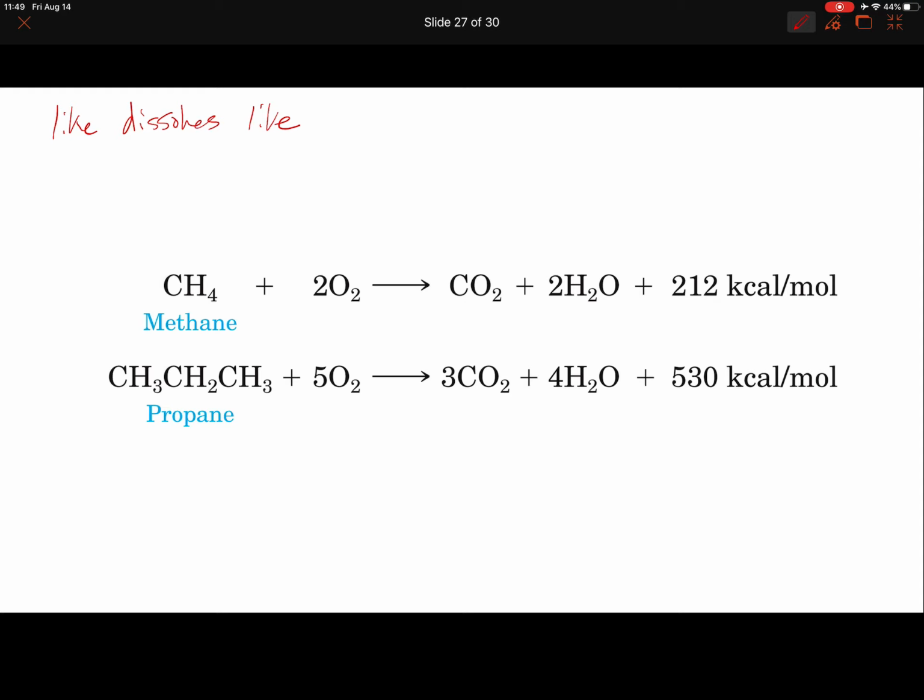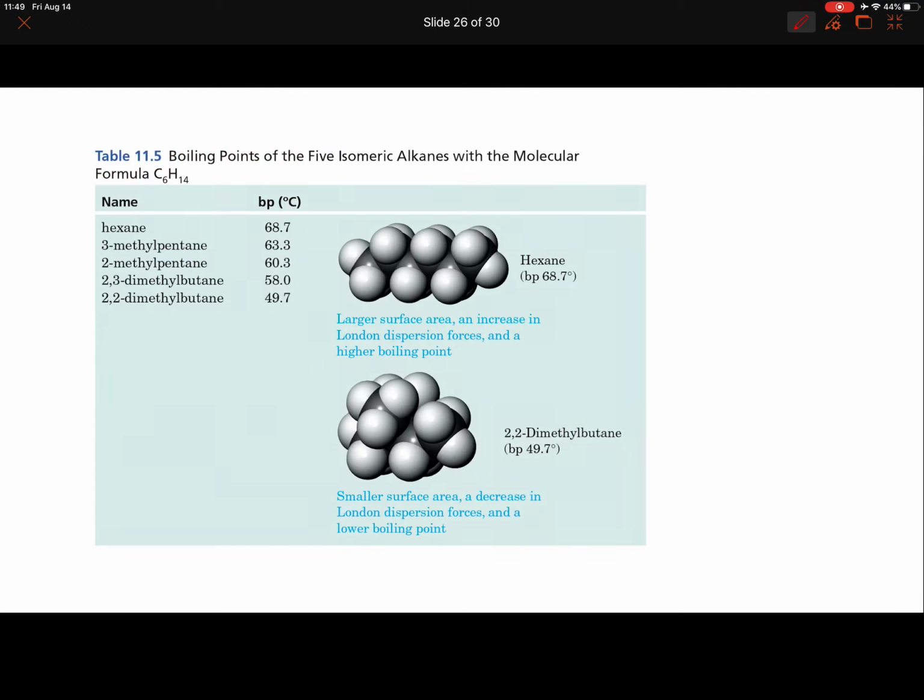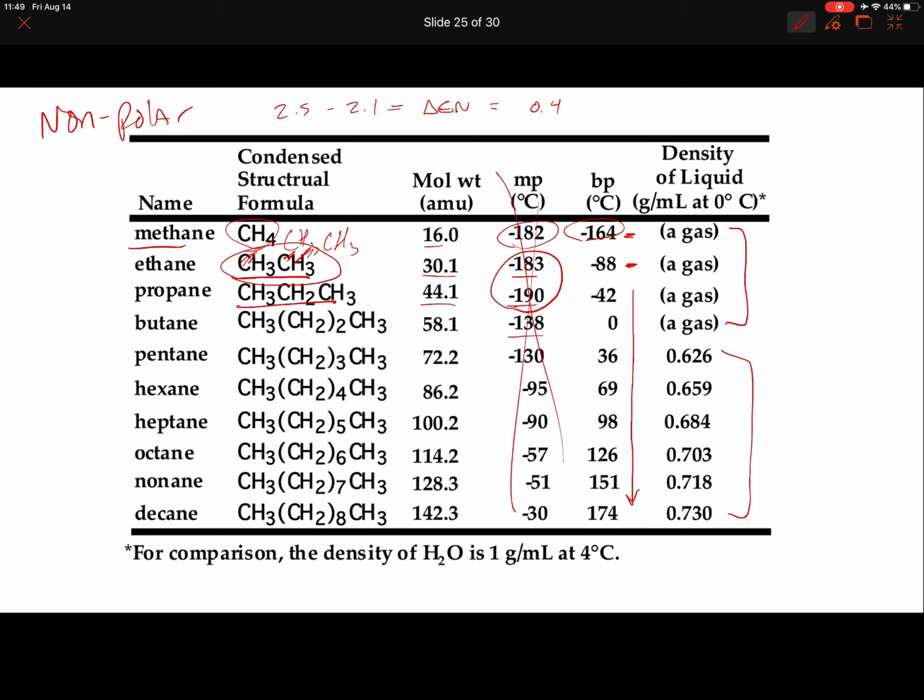Density: the average density of a liquid alkane, listed in Table 11.4, is about 0.7.